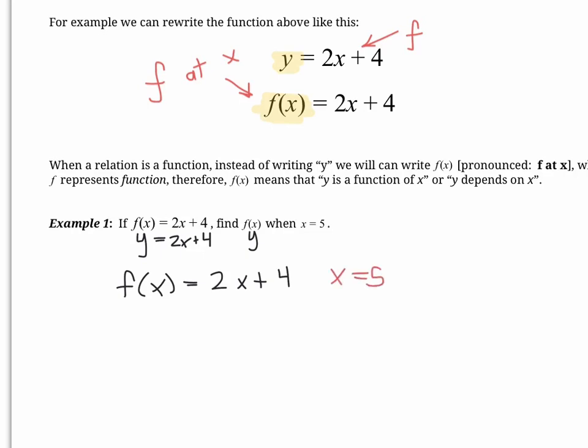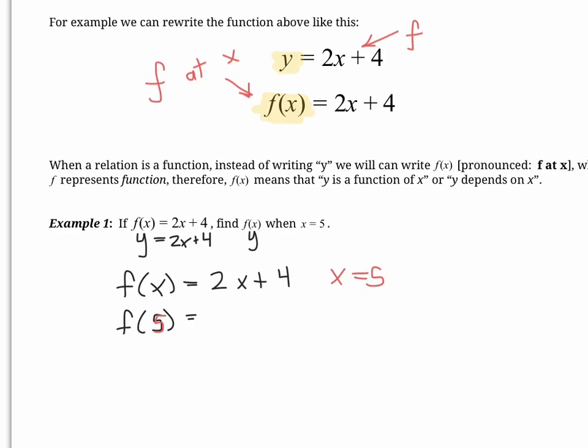When we're inputting something into a function, every time we see an x, we're going to replace it with 5. So we're going to write this first: f at 5 is equal to. f at 5 means we're plugging 5 into the function machine. And let's see what pops out.